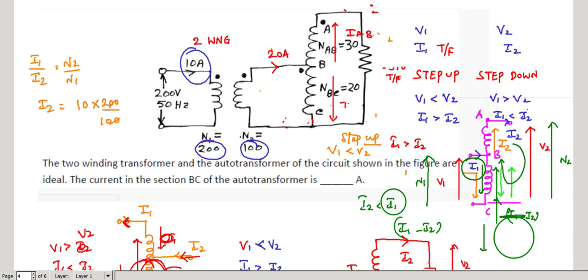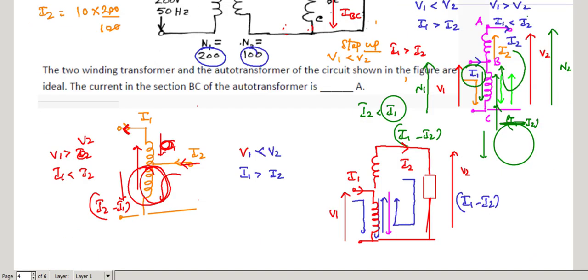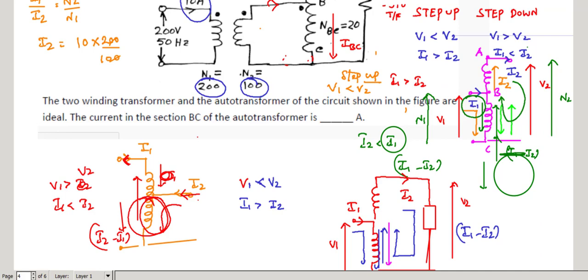Let this current be IBC. Let this current be I1, and let I1 equal 20 amperes. So from this, apply KCL. What is KCL? I1 equals IAB plus IBC.